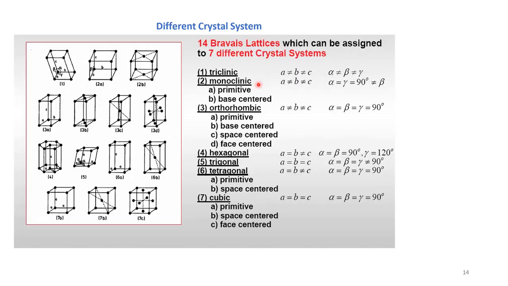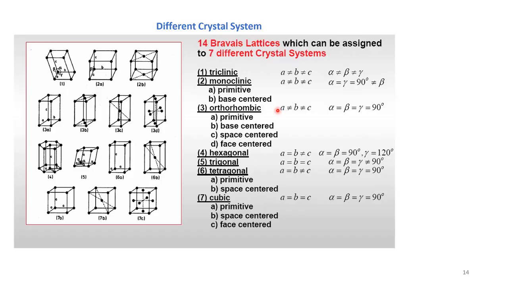Then monoclinic has alpha and gamma as 90 degrees, however beta is not equal to 90 degrees. This also has two structures, primitive and base centered. The primitive is the simple one having atoms only on the vertices, and base centered means it has atoms at the two bases, the top and the bottom.